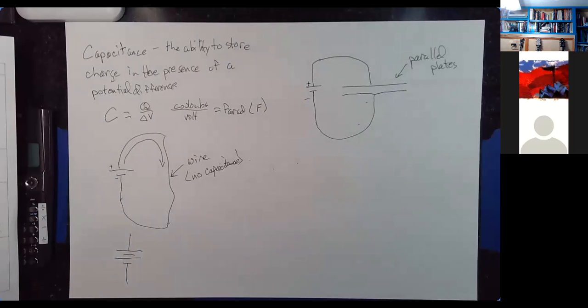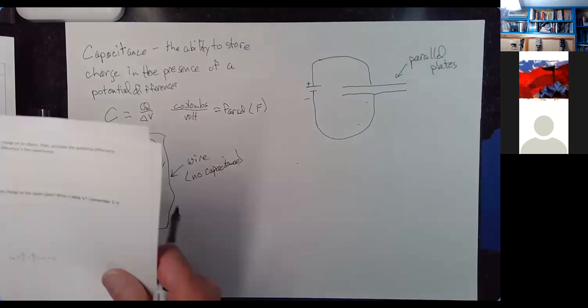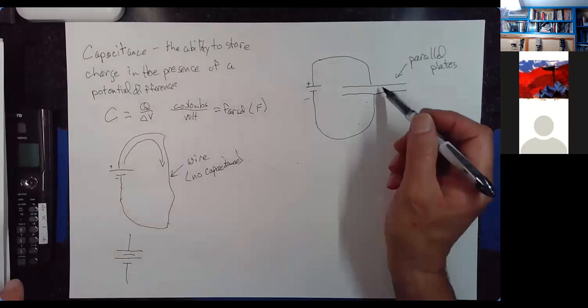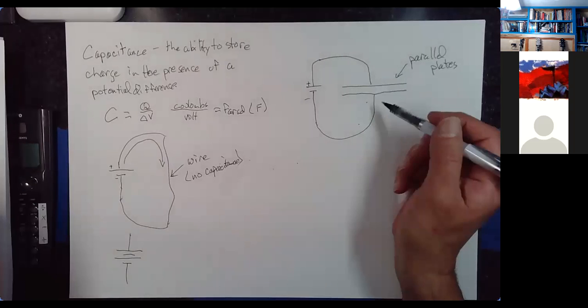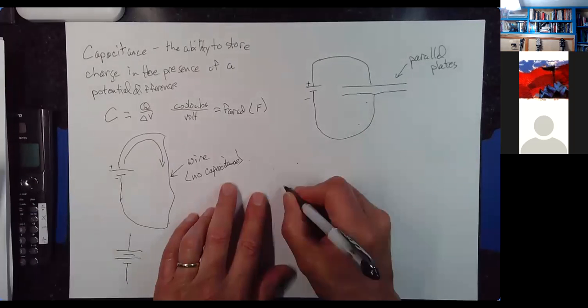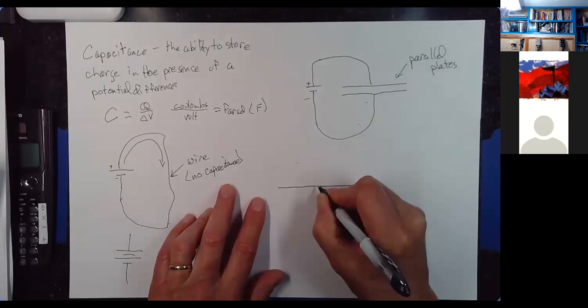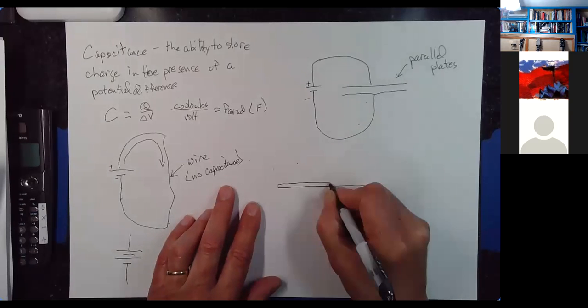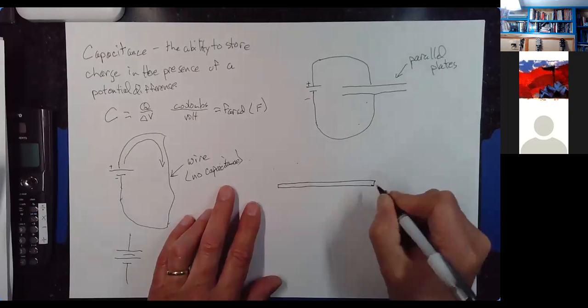So, the way we calculate the capacitance, if you're given something, is to imagine putting some charge on it and then calculate the potential difference that you get. And the ratio of the charge to the potential difference is what the capacitance of the thing is going to be. So if we imagine some parallel plates that have some charge on them, we'll just imagine that here's our top parallel plate, and then here's our bottom parallel plate.